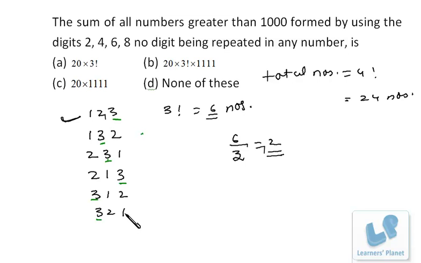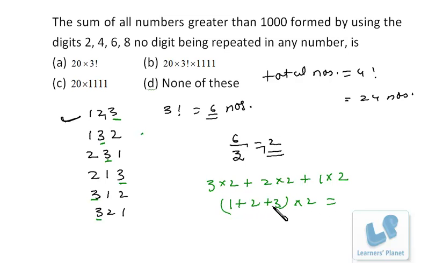Now how is it helpful for me? What I can do is add up all the digits at the units place, then the tens place, and then the hundreds place, right? Since each digit is coming 2 times at every place, 1 plus 2 plus 3 all come 2 times.